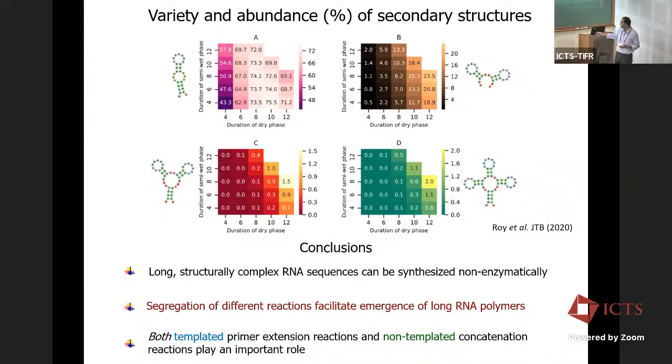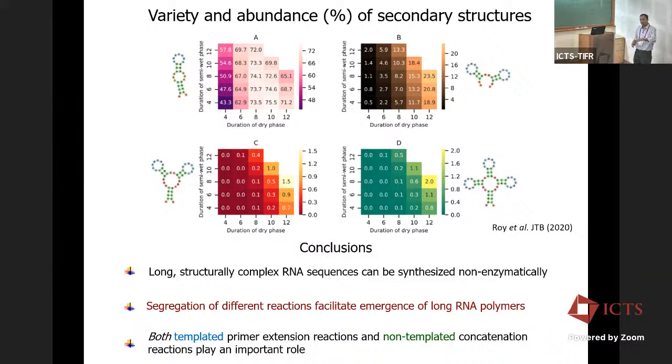So for instance, this is a structure of a hammerhead ribozyme, and this has a tRNA-like structure, for those who are familiar with the secondary structure of tRNAs. And so these kinds of structures were generated when we started folding these sequences that were produced due to these three processes.